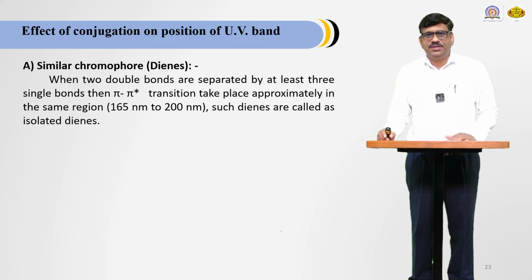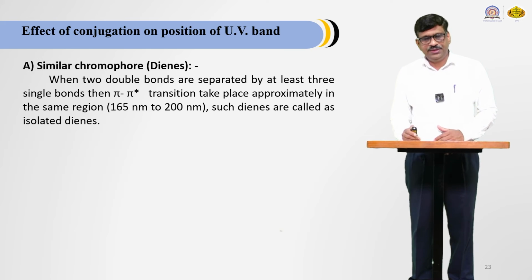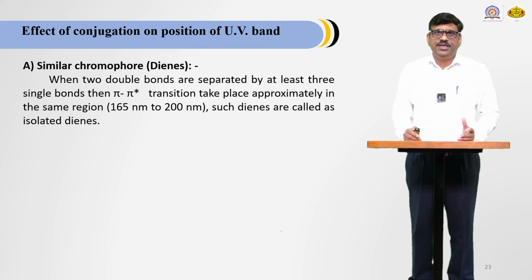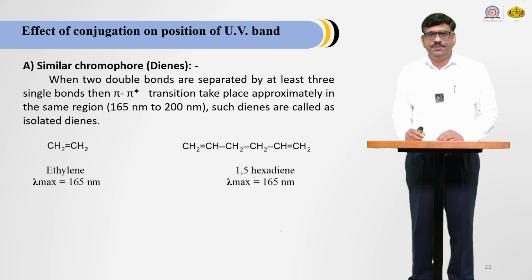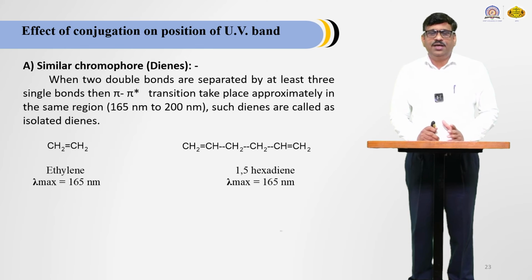When two double bonds are separated by at least 3 single bonds, then pi to pi star transition takes place approximately in the same region. Such dienes are called isolated dienes. In this chapter, we are also going to see what conjugated dienes and isolated dienes are. Conjugated dienes contain an alternate double bond, single bond pattern, or two double bonds separated by one single bond.